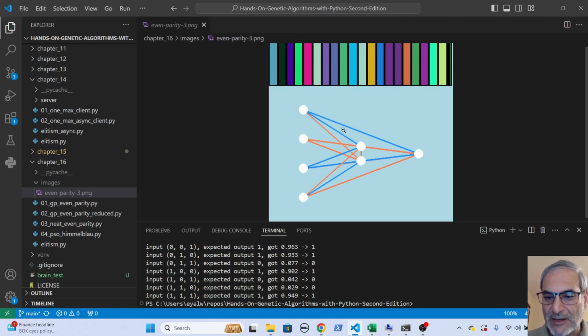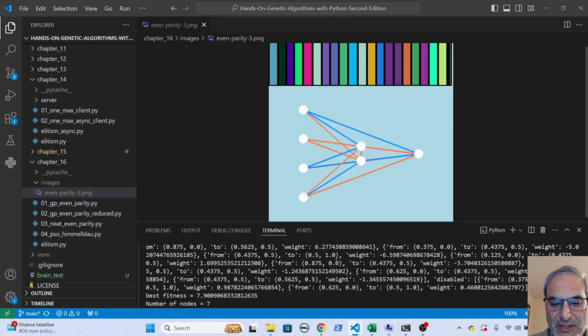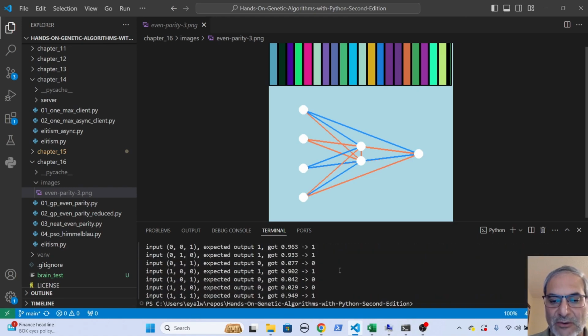The blue lines are positive, they represent positive weights. The orangey lines, negative weights. The actual weights are mentioned here as we run through the evolution. And all the biases come from that node, so the value of the bias is by the weight that they put on the probably -1 that comes from here.